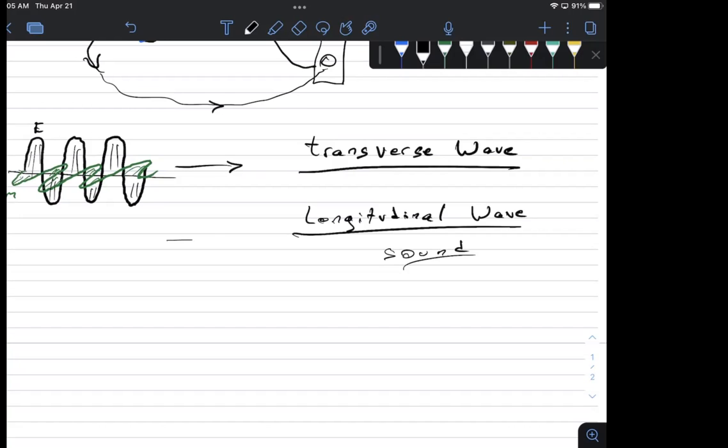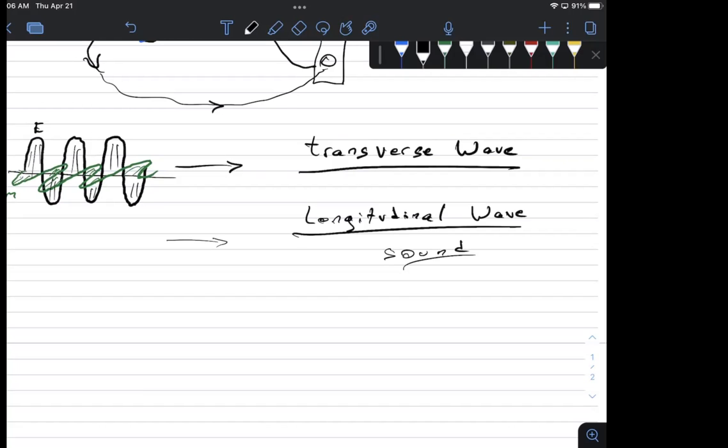So if the sound wave moves to the right, left to right, then the back and forth motion of the air molecules is also left to right. You're kind of pushing the air away from your mouth towards the person you're speaking to. So you're pushing the molecules towards the person, and they oscillate back and forth towards and away from that person. And the wave moves towards the person. That's what makes longitudinal waves.